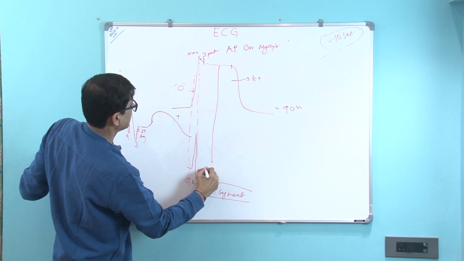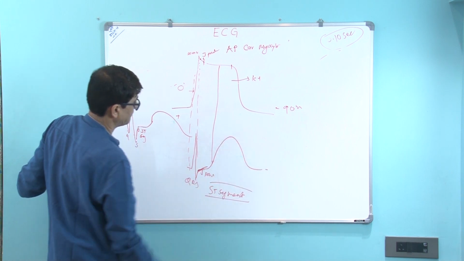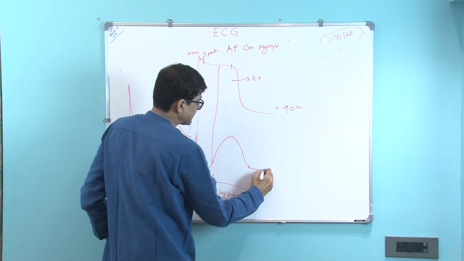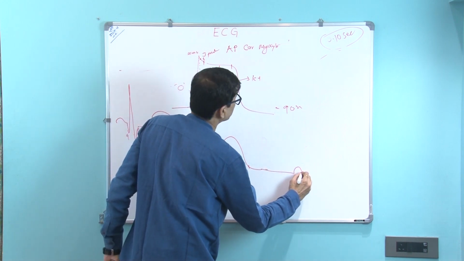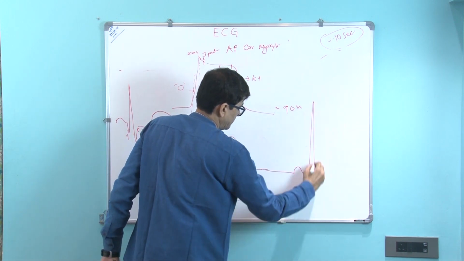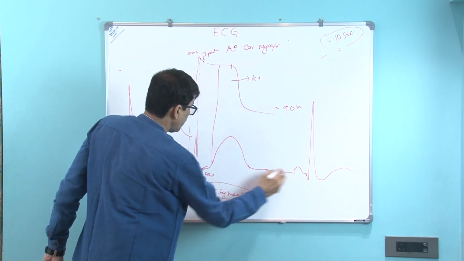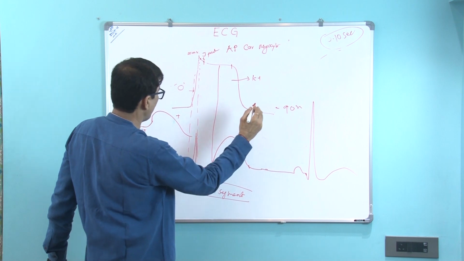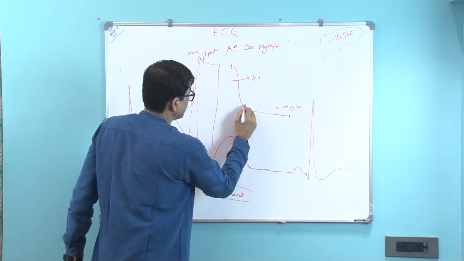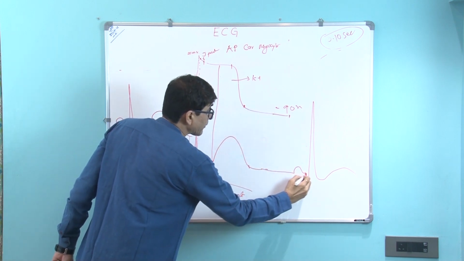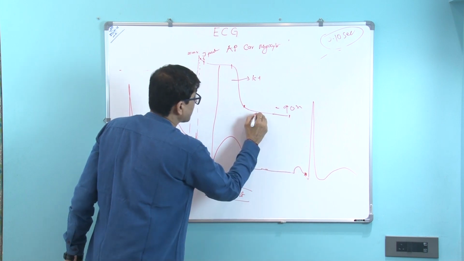So here there is a T wave, and next, this phase 4 is the TQ segment, not TP, but TQ segment.